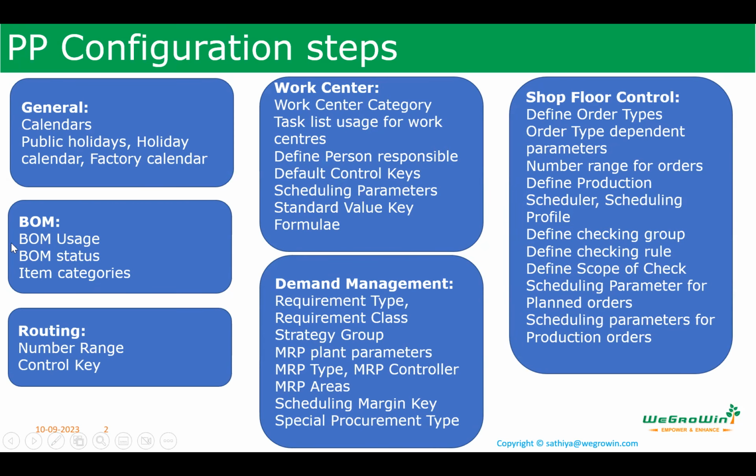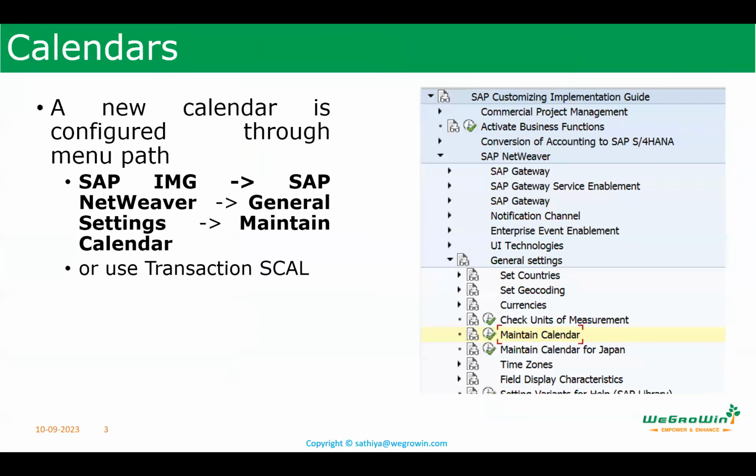BOM usage, BOM status, item categories, routing, number range and control key, work center category, task list, person responsible. Demand management, what kind of requirement type, requirement class. Then shop floor control. We are using production order. For production order, they have dependent types, dependent parameters, number range for orders, then production scheduler. These things come under the work scheduling view.